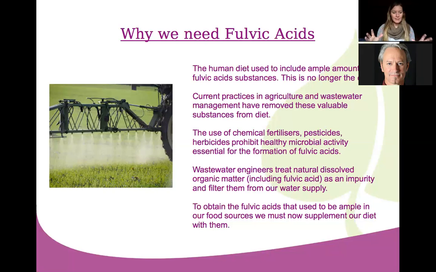So anything that kills the bacteria in our soil is going to stop the fulvic acid production. And in the natural waterways, we used to have plenty of it, because we used to eat straight from healthy soil, and we used to drink from healthy streams, waterways and rivers.